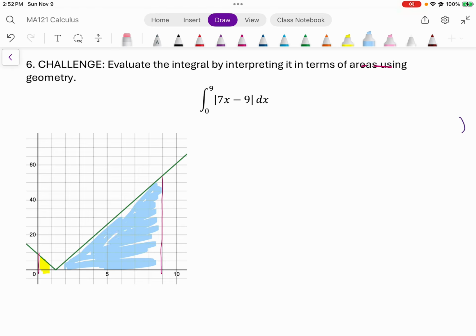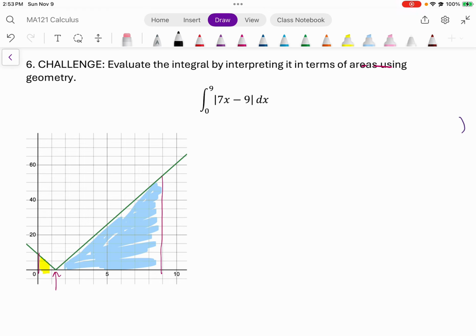All right, so the problem is we don't know what their base is because we don't know exactly what this point is right here. So how are we going to find that point? That would be the x-intercept, right? So we need to find the x-intercept of, so this is the absolute value equation, 7x minus 9.